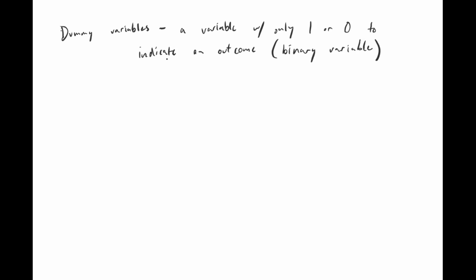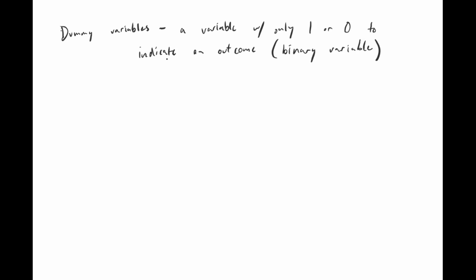Okay, so what are some examples of dummy variables? Like flipping a coin, where you can only get heads or tails. Another dummy variable could be, for example, a demographic thing, like whether you've had a college degree or not, right?